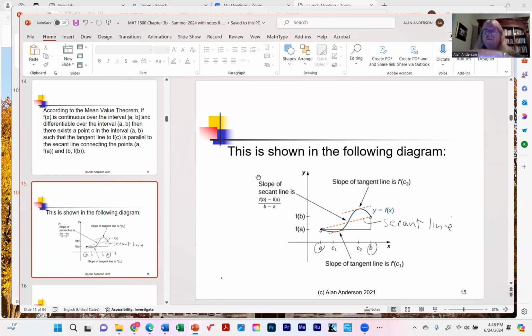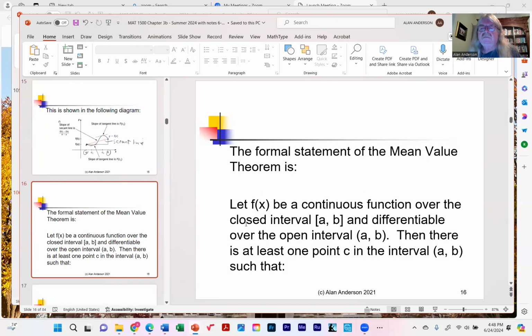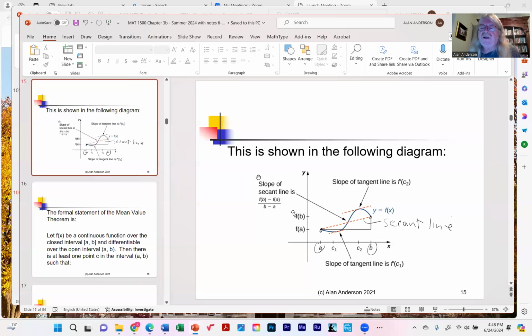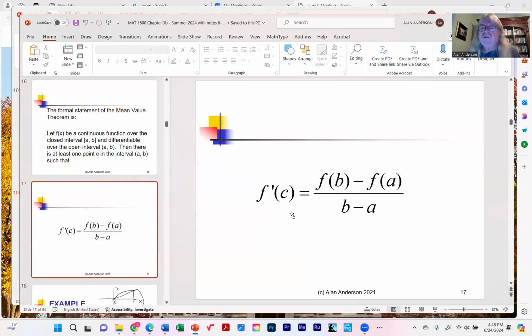Somewhere along the way, we're going to find a tangent line that's exactly parallel to that secant line. Which is the same thing as saying that f prime of c, whatever point we found, is equal to f of b minus f of a over b minus a.